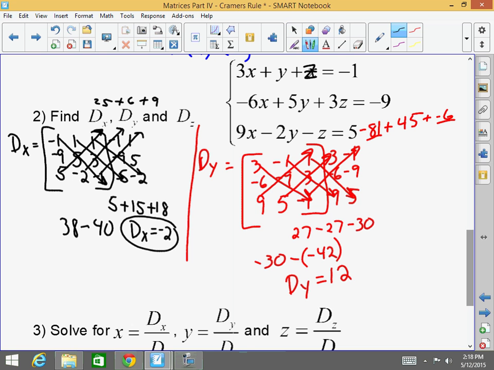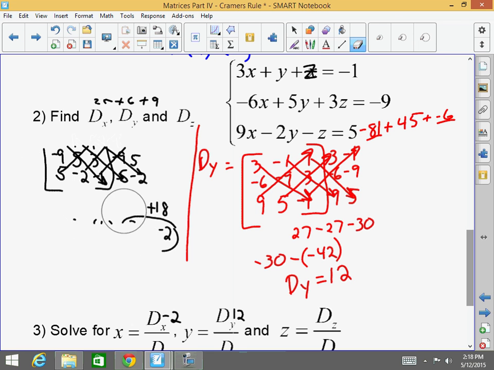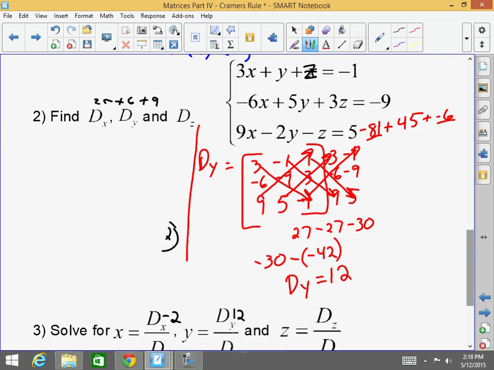So my dx is negative 2. My dy is 12. I just need extra space, so I'm going to erase. Now let's find my d of z. My d of z, now I'm going to replace my coefficients of z with JKL. So I have 3, negative 6, 9, 1, 5, negative 2, negative 1, negative 9, 5 instead of the coefficients of z.